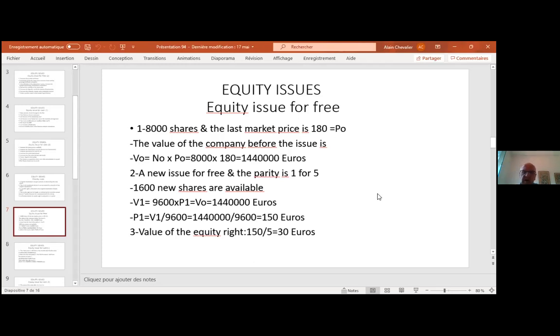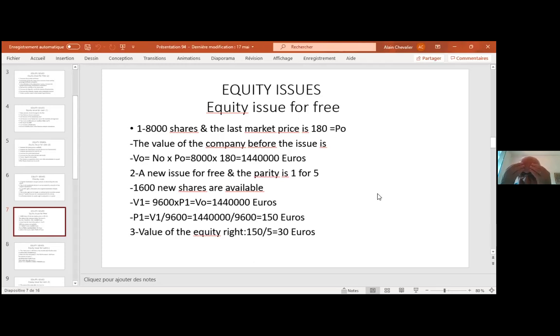With 5 equity rights, during the transition period, you can go to the bank, generally it's organized by a bank, and bring your 5 equity rights. Against the 5 equity rights, for free, you ask for a share. So the bank takes your equity rights, gives you a new share, and that's it.